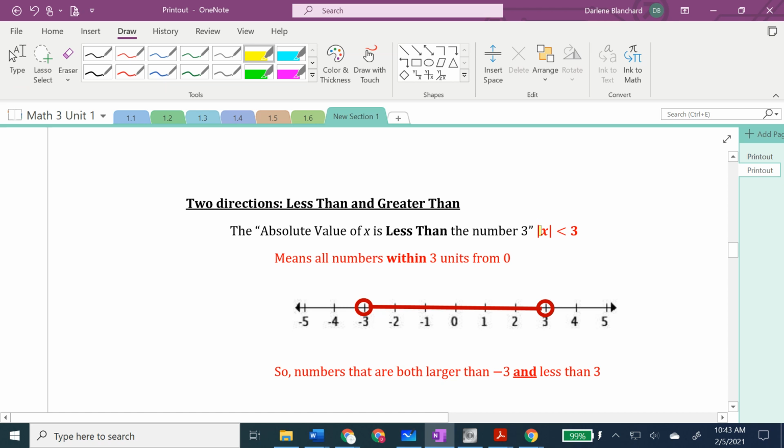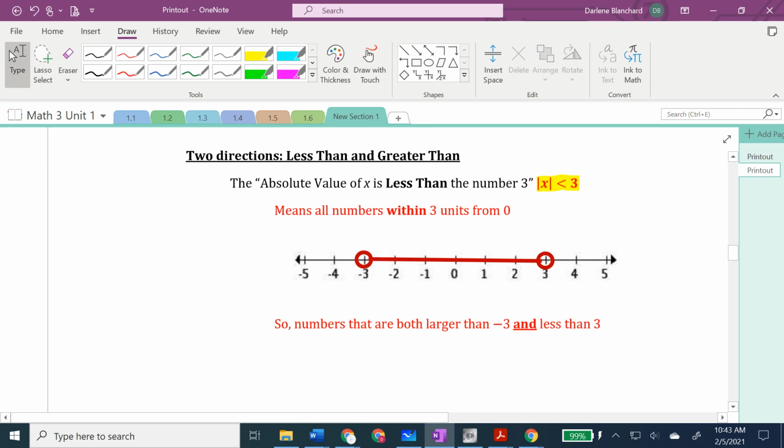The two situations are dealing with less than versus greater than. If the absolute value of x is less than the number 3, then it's within 3 units of 0.